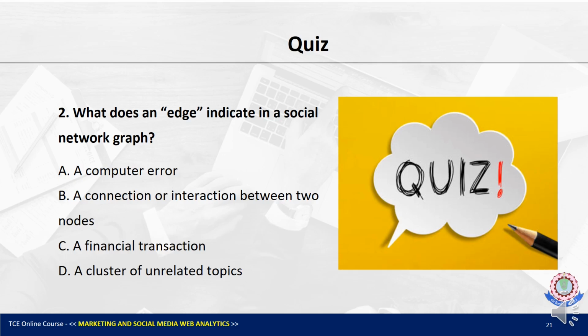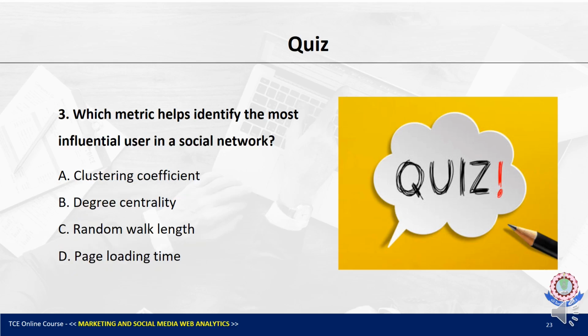What does an edge indicate in a social network graph? Is it a computer error, a connection or interconnection between two nodes, a financial transaction, or a cluster of unrelated topics? The answer is B, a connection or interconnection between two nodes.